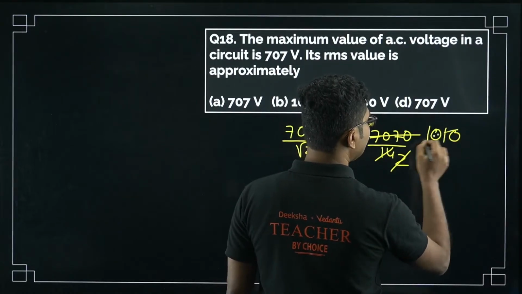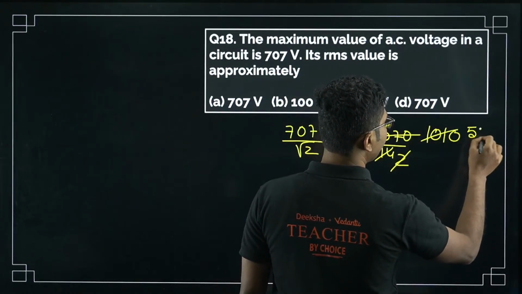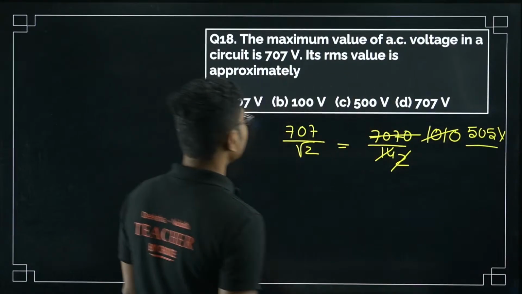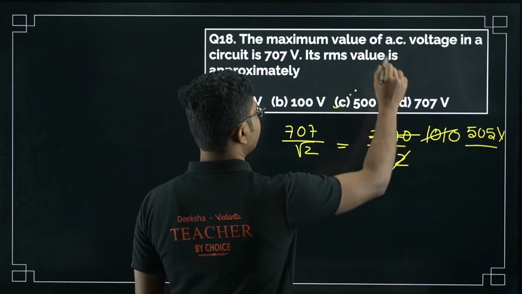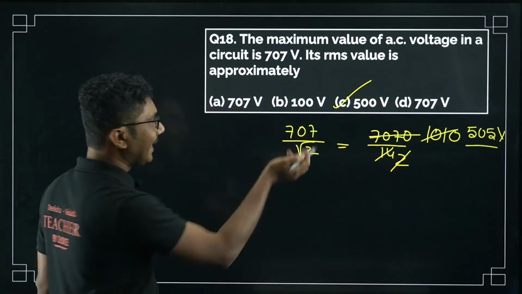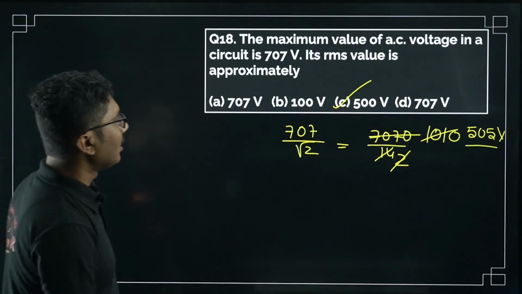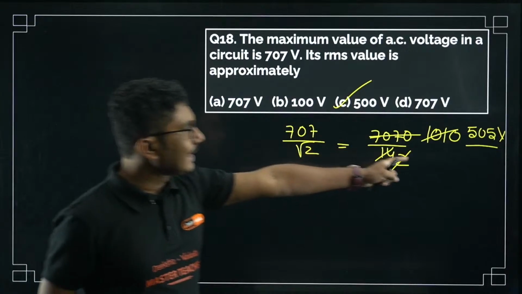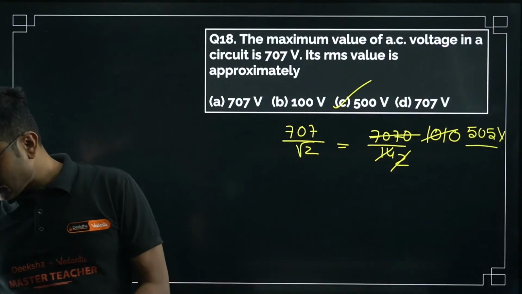Okay, so it will be cancelled. It will be 505 volt. The nearest answer obviously 500 volts. I think they have, by mistake, given A and C the same option. A and D will be different. Anyway, easy calculation. This calculation is easier, right?